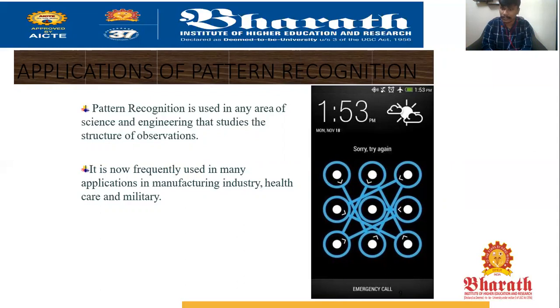Pattern recognition is used in any area of science as well as engineering that studies the structure of observation. Where technology is advancing, and where engineering ideas are induced in a system, design, or model, pattern recognition is widely used to make it simple and accurate, and to produce the output without error.